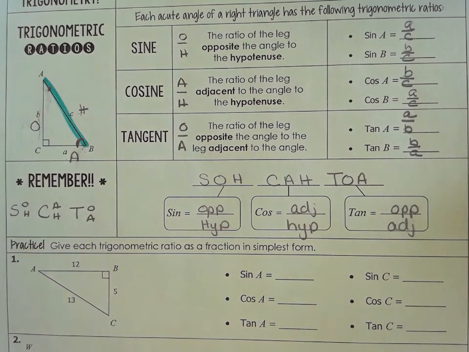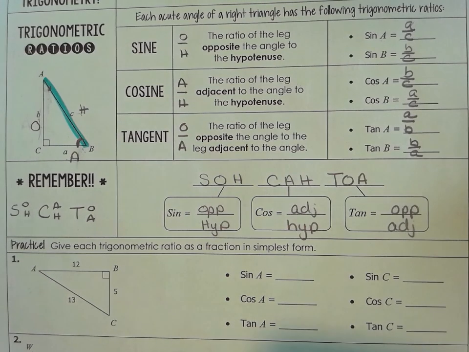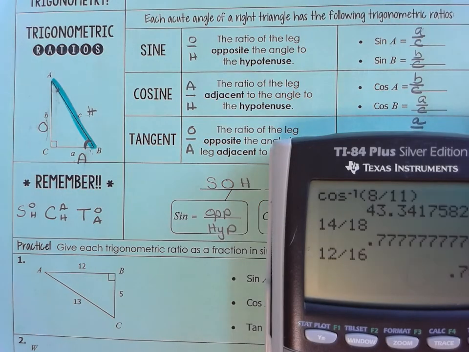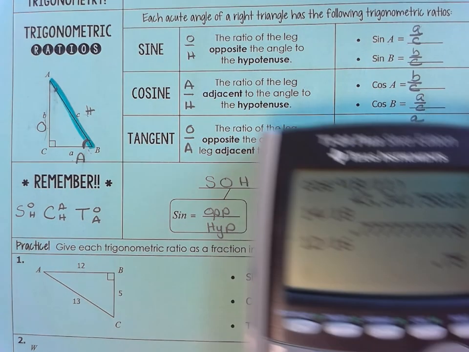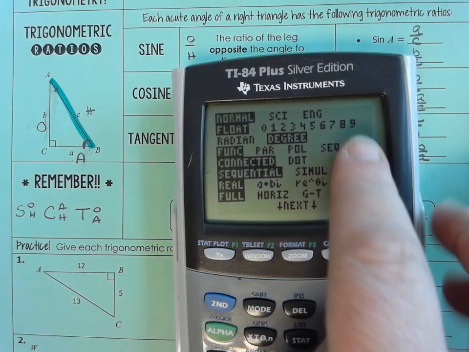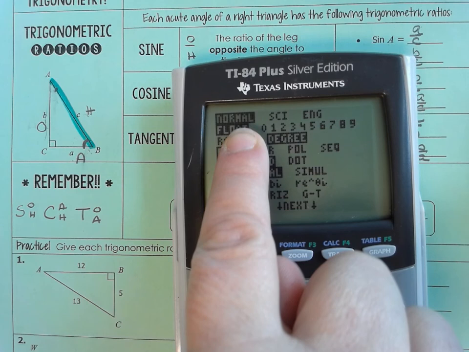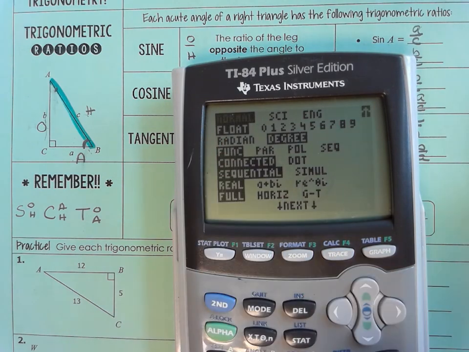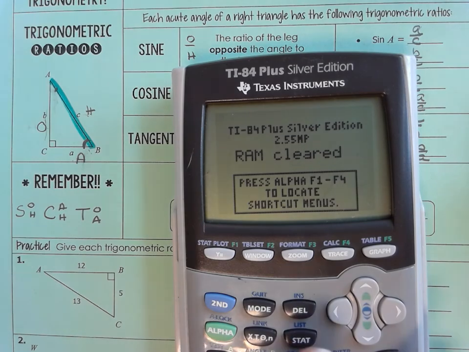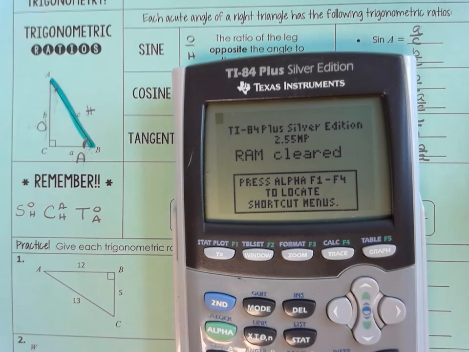Okay, when you turn on your calculator and you press the mode button, which is right next to the second button, you'll see right here where it says normal, float. Let me just reset my calculator. Your calculator will always default to it, so you have to always double check your mode.